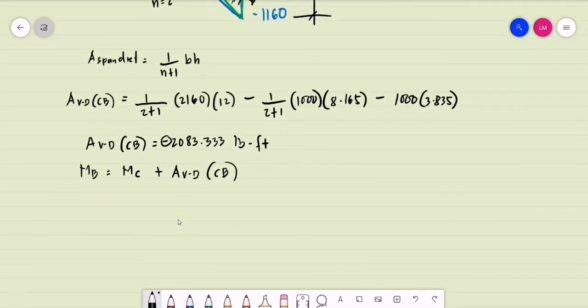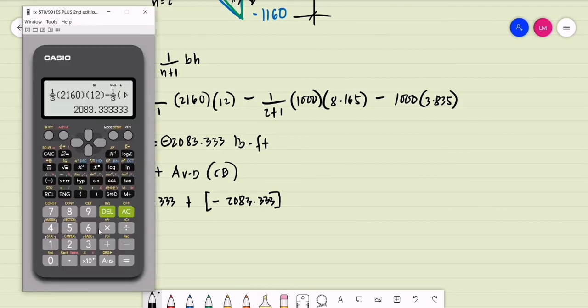So from our previous computation for the area of the shear diagram for segment BC, we have the moment at C, 5,443.333, plus the area of the shear diagram for segment BC, which is a negative area, negative 2,083.333. We compute for that value.